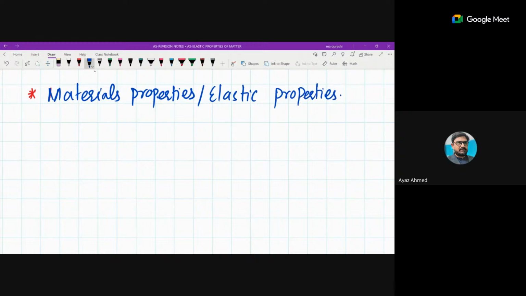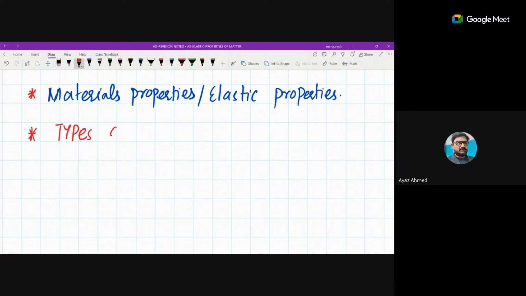So I told you about energy calculations in the previous part. Now I will let you know what types of materials we have and how to calculate the energy in those materials.